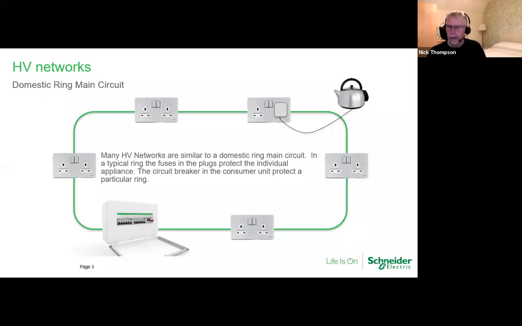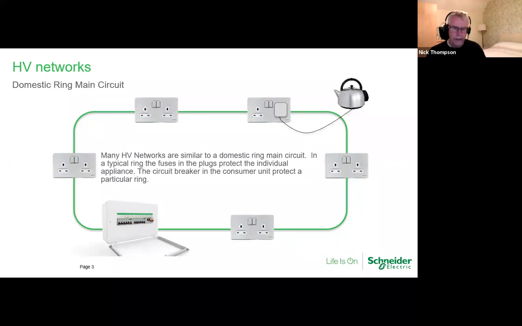So we end up at the final point being used. In this case, I've got the example of a kettle. It could be a pair of tongs for straightening hair, or your mobile phone charger, or whatever. It doesn't matter. The end point there is the final consumer. Cables are cables, whether they are copper or aluminium.